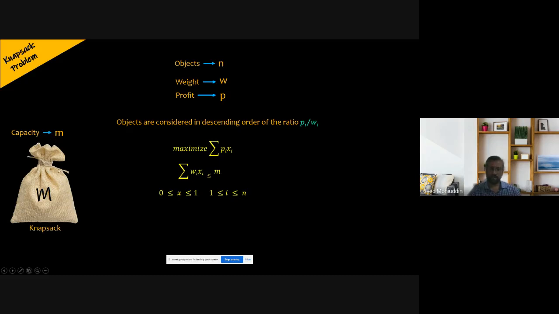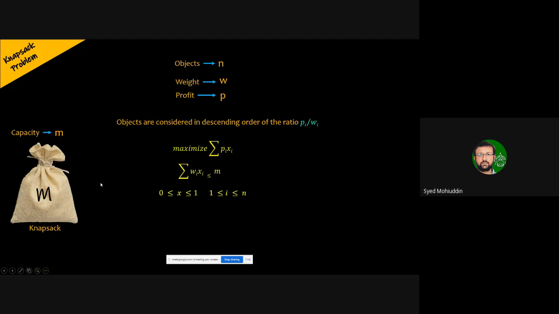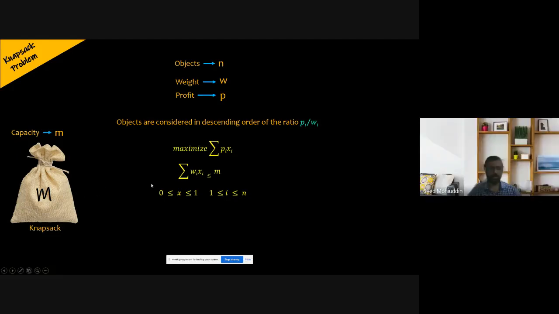The objective is to maximize the profit earned, subject to the constraint that the total weight in the knapsack should be less than or equal to the capacity of the knapsack. And the fraction x lies between 0 and 1, and each object i is between 1 and n.